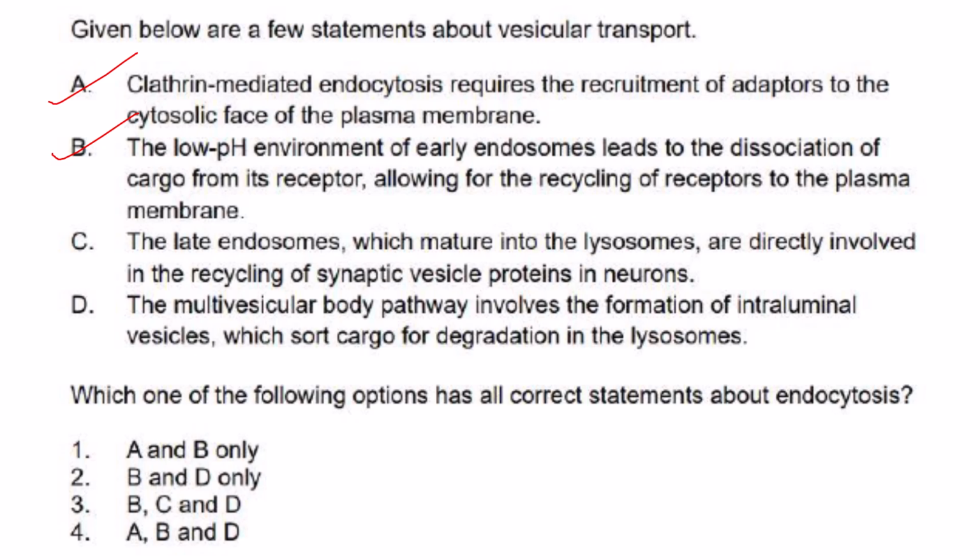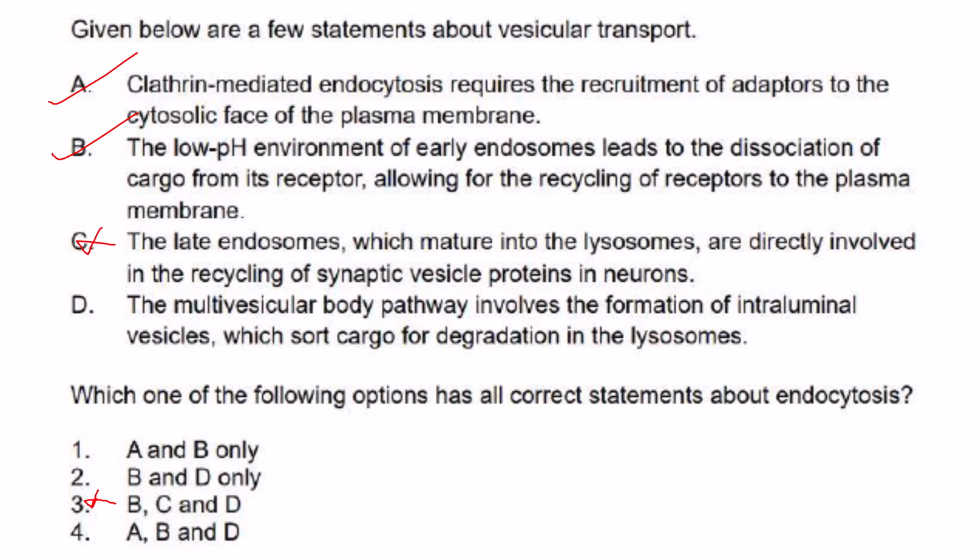Lysosomes will degrade whatever enters into them. So the synaptic vesicle proteins would also be degraded, which is not happening in your neurons. They are recycled again. So that makes C wrong. That means option 3 is gone from the options. Now we have to see the D one.